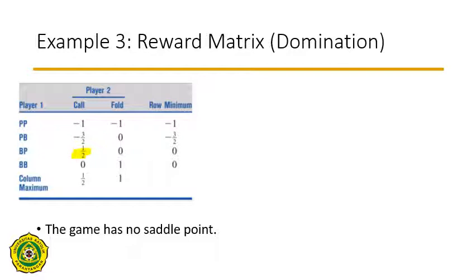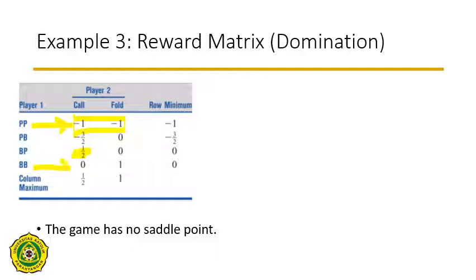For example, this strategy PP for the row player is dominated by BB. Why? Because whatever the column player does, this strategy PP always causes the row player to lose $1.